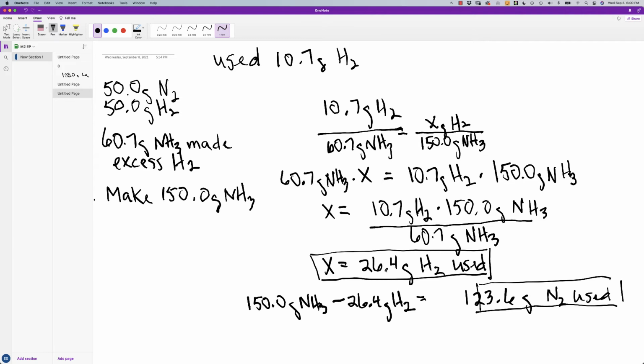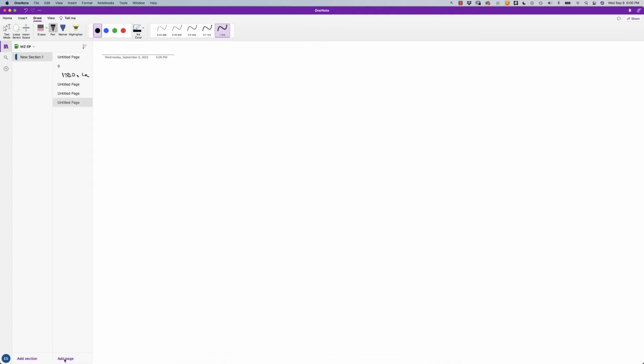There are two values, 26.4 grams of hydrogen and 123.6 grams of nitrogen.